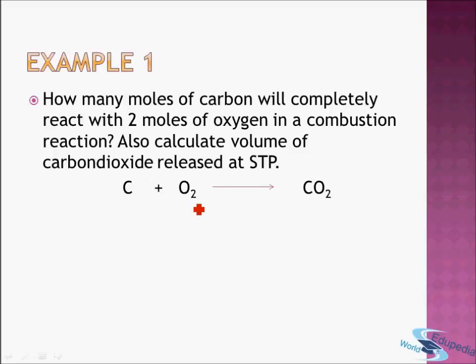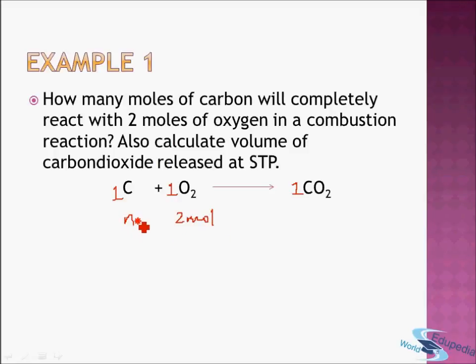So I don't have to balance it. That is, the stoichiometric coefficients given are the correct ones, that is 1, 1 and 1. This even further simplifies our calculation. Now I have been given the moles of oxygen. 2 moles of oxygen were used in the reaction, and I have to calculate the moles of carbon.